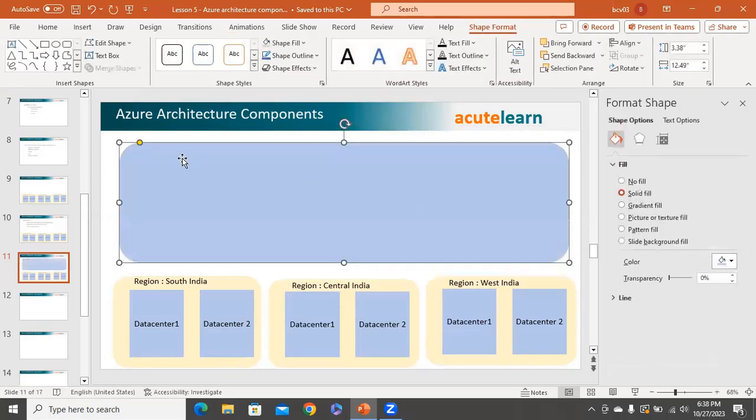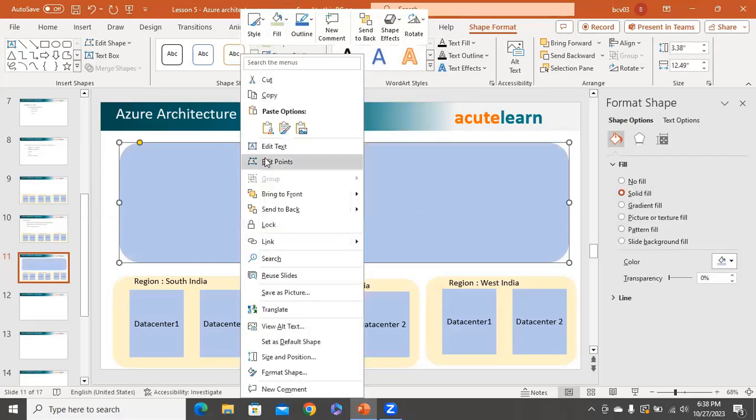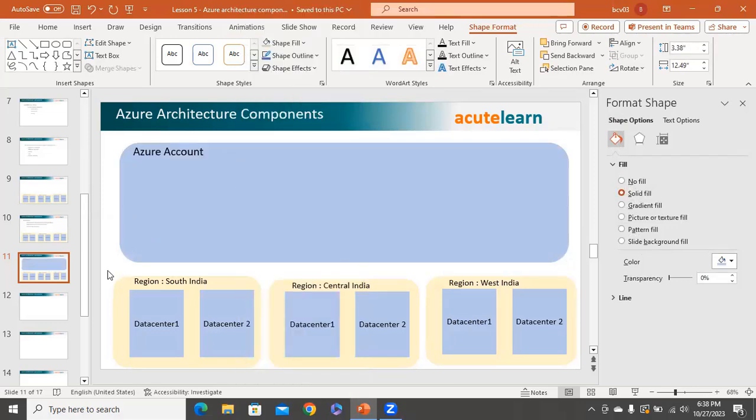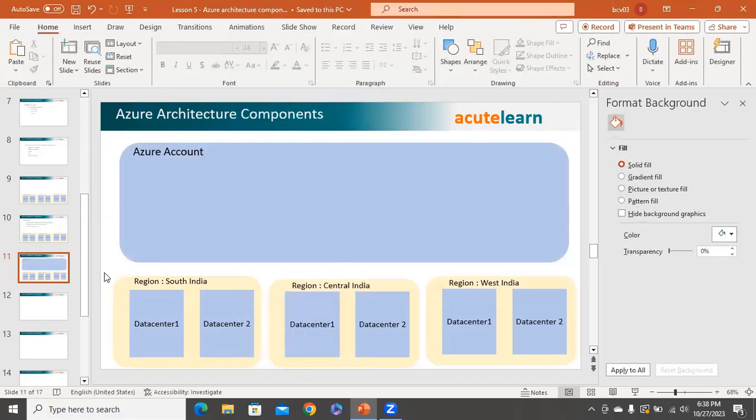So on Azure, we don't need to set up an individual account for each region. If you have one account in Azure, we are eligible to use the resources across any regions. Especially there are certain data centers where we are not allowed, like the US government, China government, and some restricted government data centers built by Microsoft.